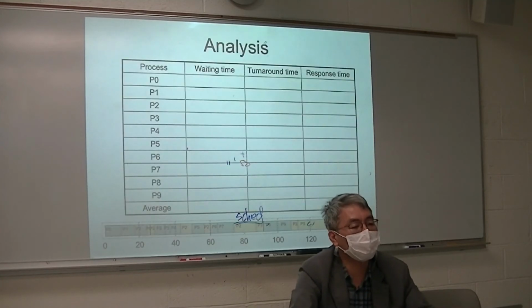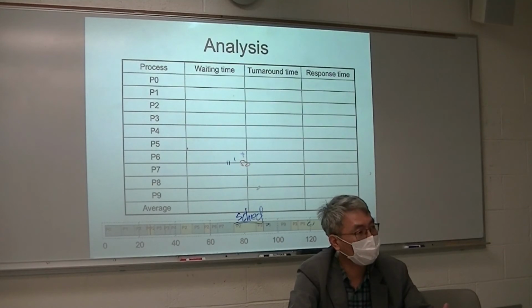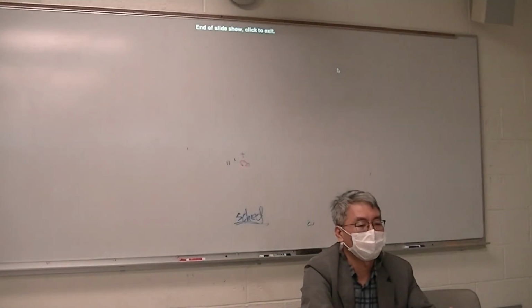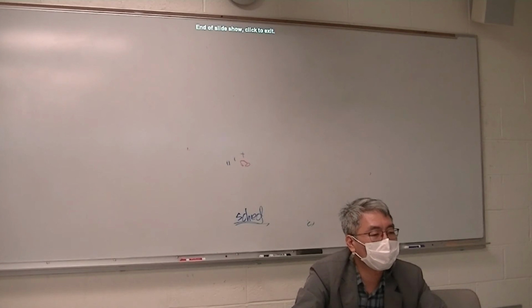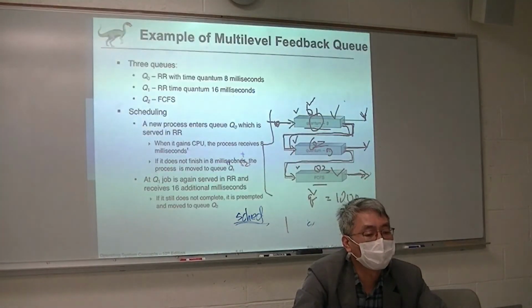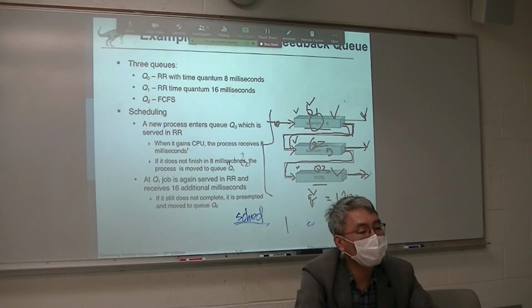Then you are able to analyze using the information recorded on your PCB, what is the waiting time, what is the turnaround time, what is the response time, and so on. Okay, so let me close this and share the slide for this. Okay, so this is the multi-level feedback queue.